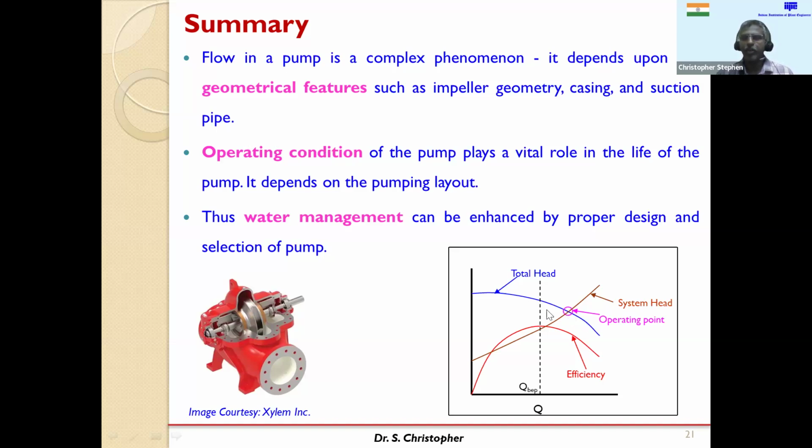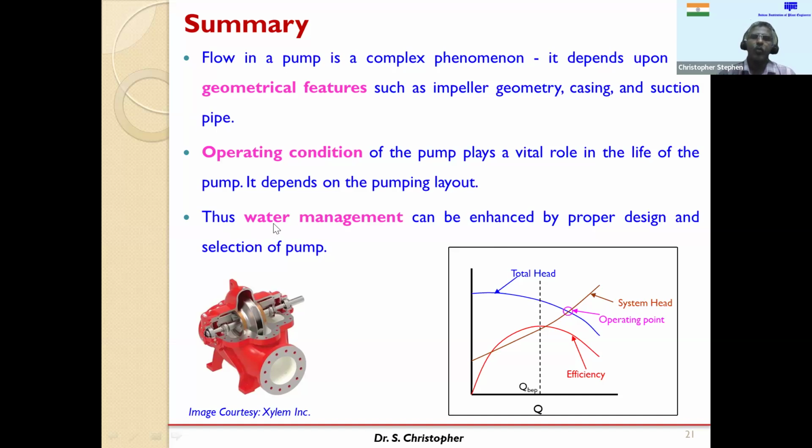If it is not operating near the maximum efficiency, even though your pump is designed for the best case, if it is operating off the design point, definitely it does not serve the purpose. So we need to look at the system head, which means the suction pipeline and delivery pipeline, such that this point should merge with the best efficiency point. That is the second point.